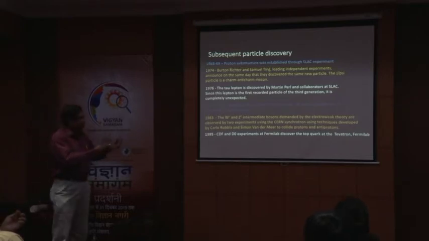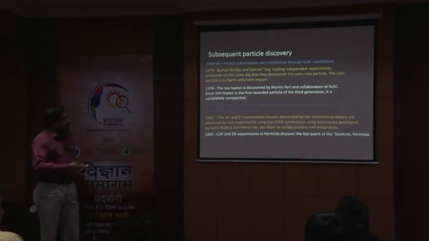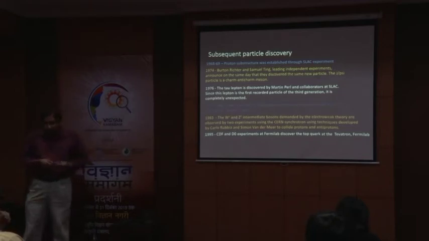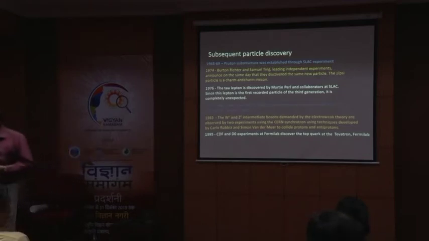By then, by the way, I did not go into the theory, but Salam, Glashow and Peter Higgs had already proposed the electroweak theory. And Carlo Rubbia at CERN, and Simon van der Meer, who discovered the novel technique of stochastic cooling to cool down the antiprotons.